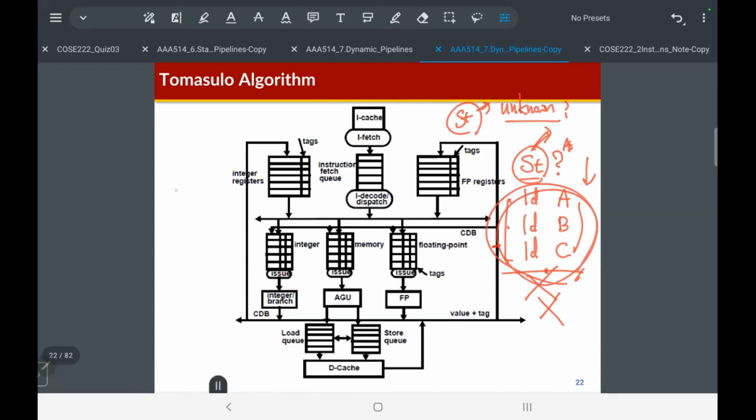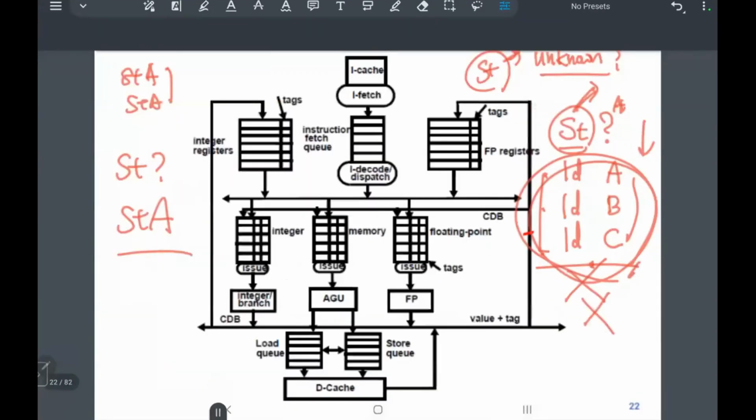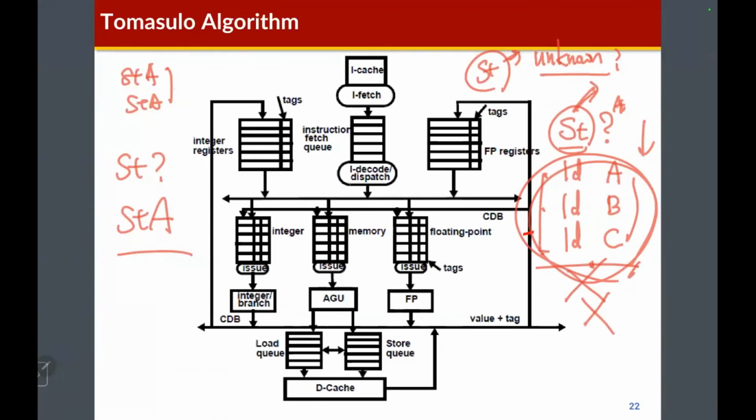Another example is store A followed by store A, the same address. Actually, this is a very ridiculous case: different store instructions try to store data to the same address consecutively.